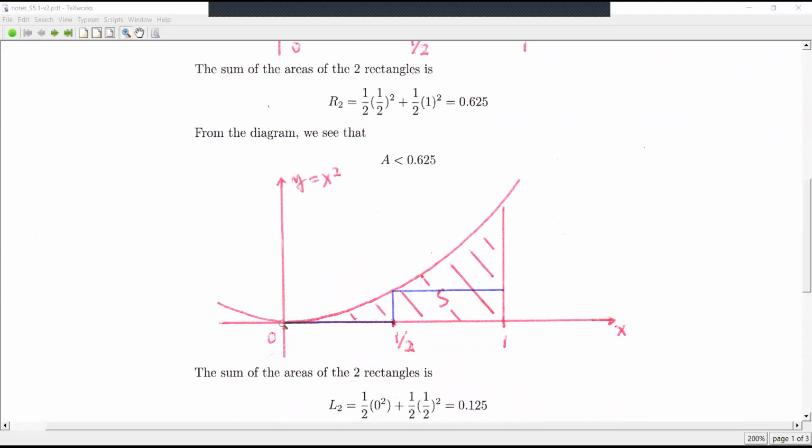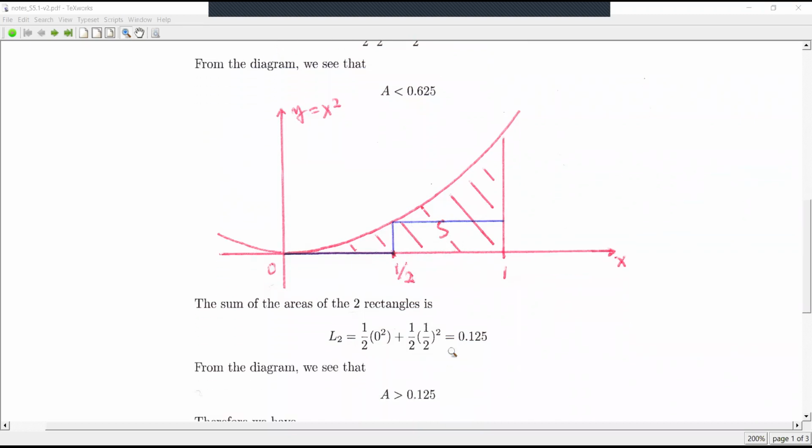Function value at 0, function is x squared. Function value at 0 is 0. So this rectangle, the height is 0. Over the second subinterval, I use the function value at the left end point, 1/2, as the height to build a rectangle. Now, compute areas of these two rectangles.